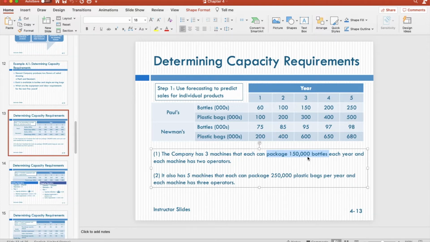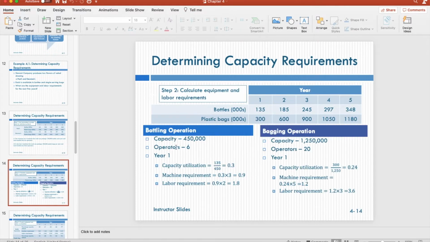That's why the total capacity level here is 450,000.